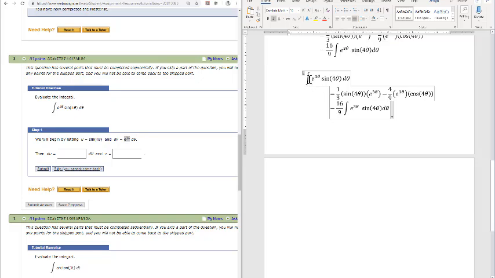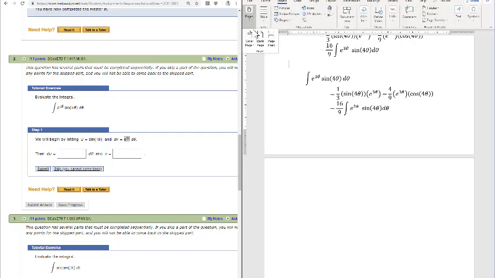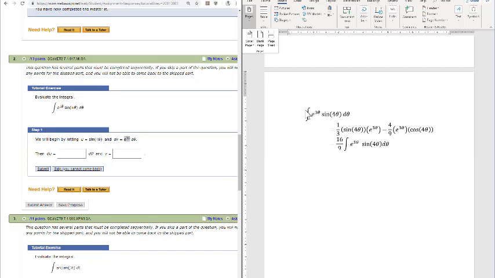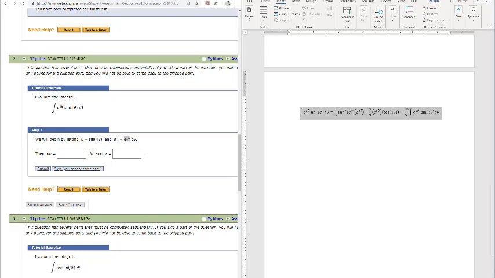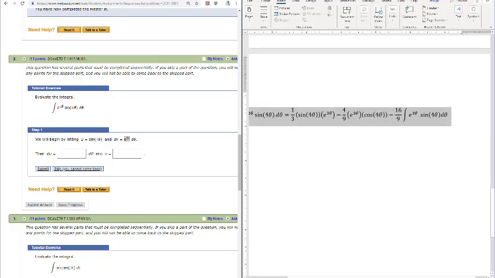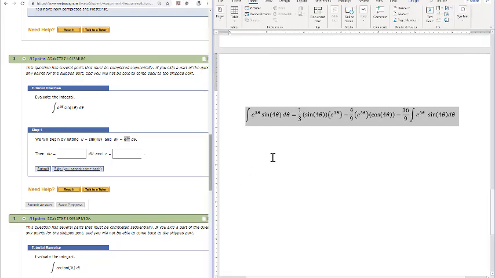And maybe if I shrink this a little bit, we can see a bigger picture. All right. So what do we see here? We see this integral is equal to this expression with the exact same integral on the other side.